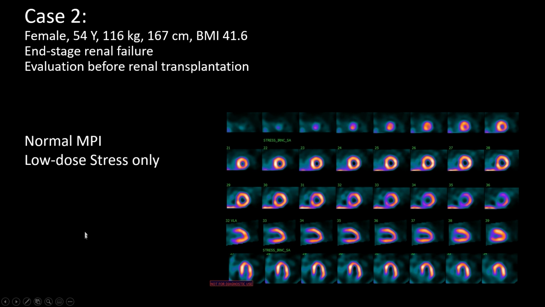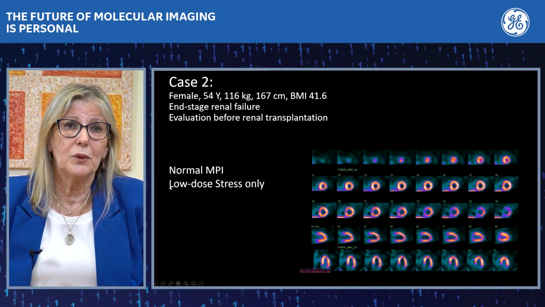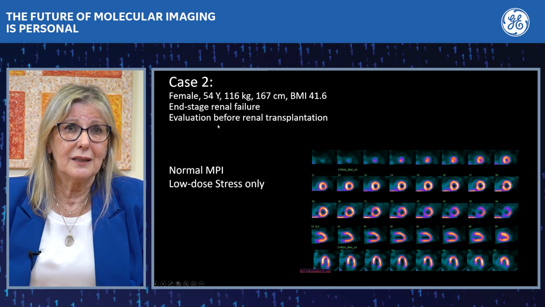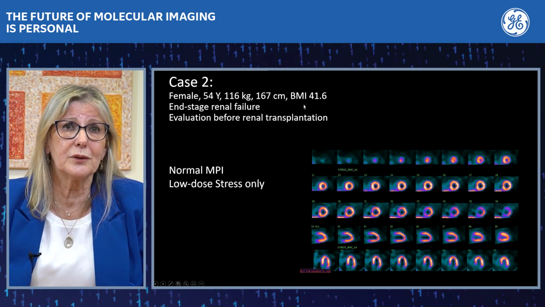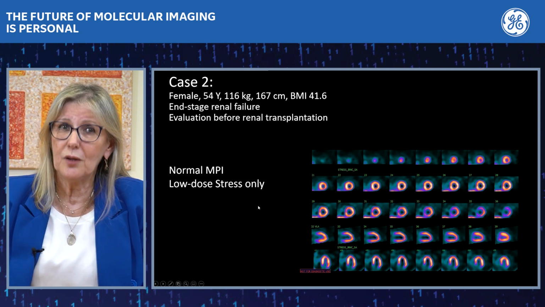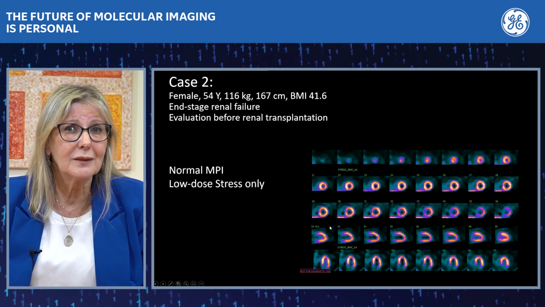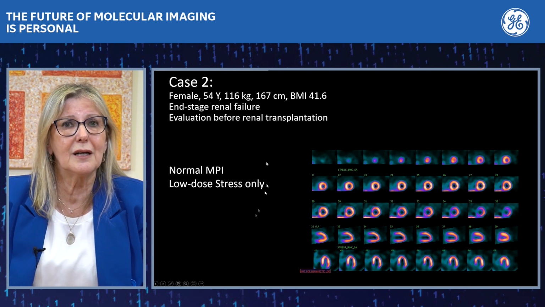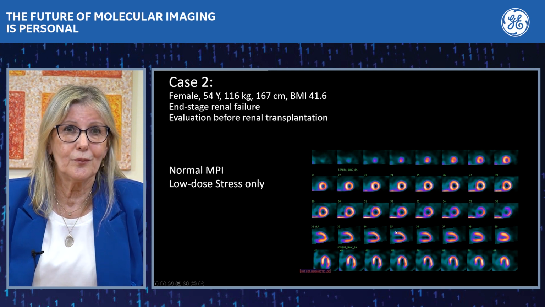So to conclude this case, it's a normal myocardial perfusion imaging using a low-dose stress-only protocol in an obese patient, a female patient with BMI 41.6. Before we had the MyoSpect camera, we could not image this patient on a CZT camera and obtain such good images.